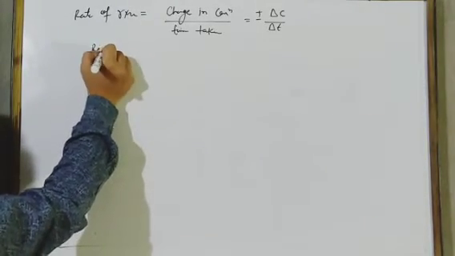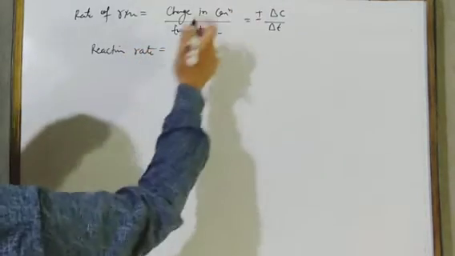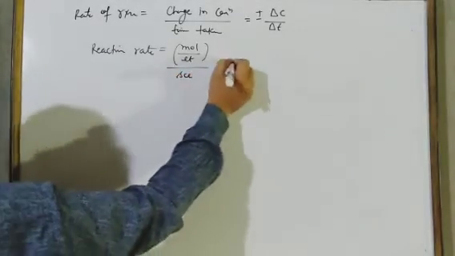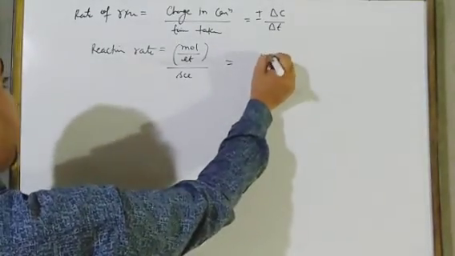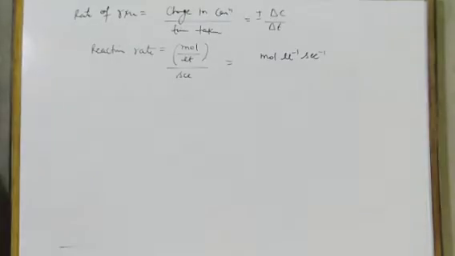So the reaction rate will equal to concentration, whose unit is mole per liter, and the unit for time is second. So what will be the unit of reaction rate? Mole liter inverse second inverse.